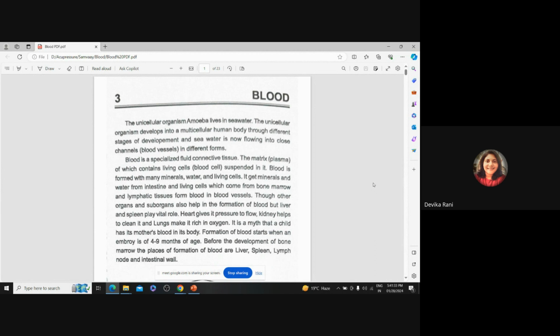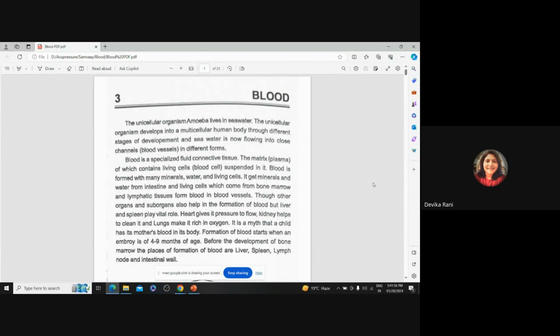It also enables the passage of these nutrients, oxygen, and other components into the cell. It becomes a fluid because it is in a fluidic form, a fluid connective tissue.